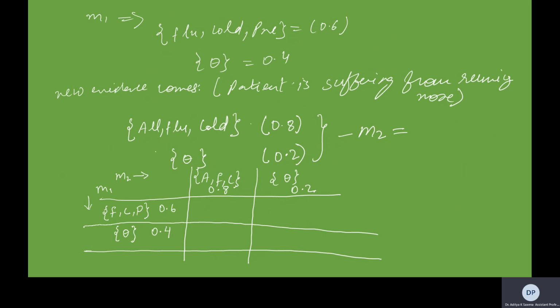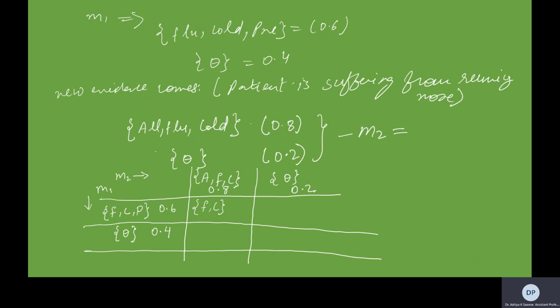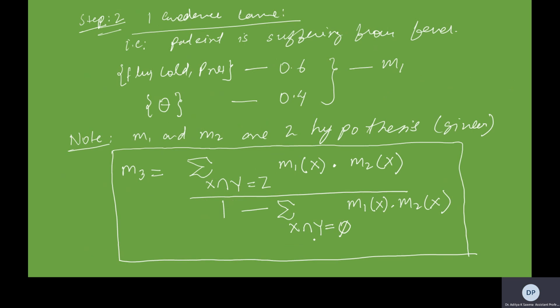So here, the common values for FCP and AFC are only F and C. So we write F and C. The new belief value is the multiplication of their belief values, 8 6s are 48, so 0.48.